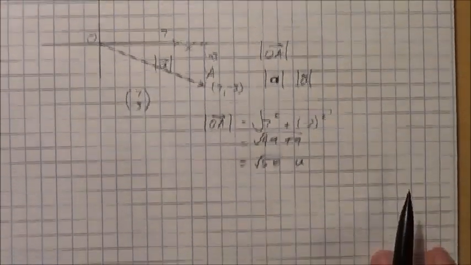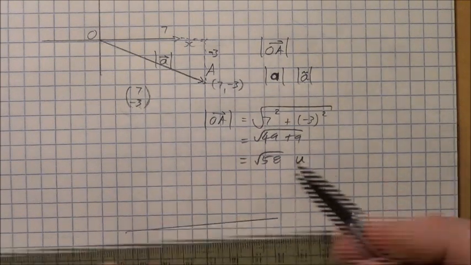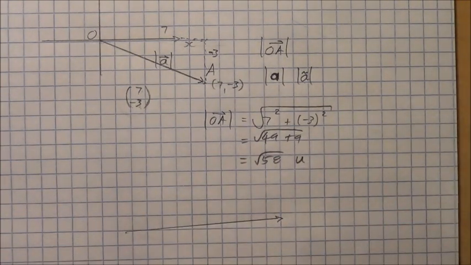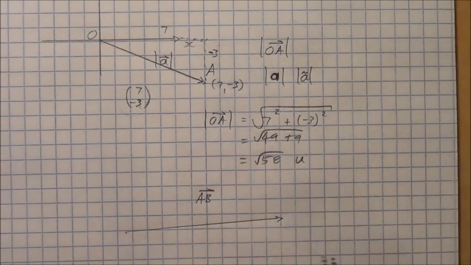Vectors can also be written, if I were to draw some other vector like this, and I'm saying this is vector AB. Well, a vector AB is written in order from the tail to the head.